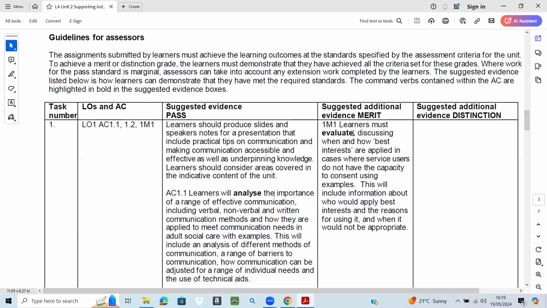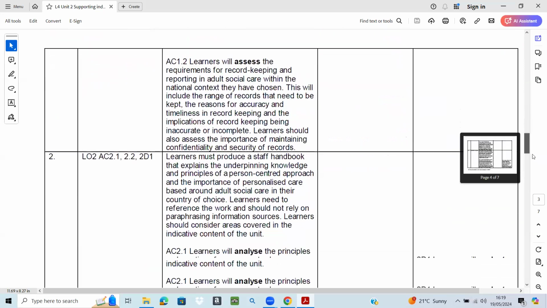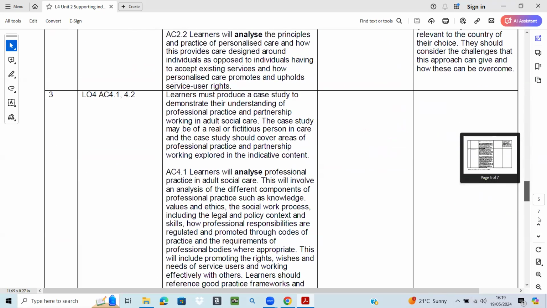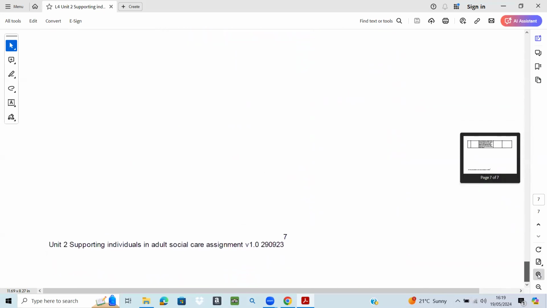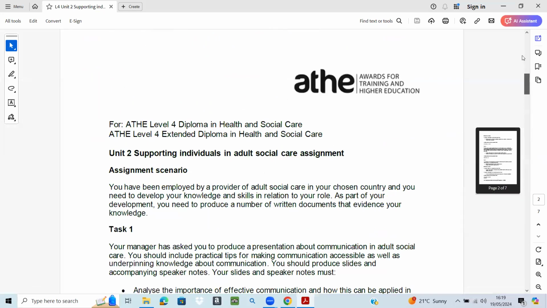Here the command verb is evaluate, so make sure we use the same command verb and do the evaluation of the given criteria. These are all important aspects for your assignment.